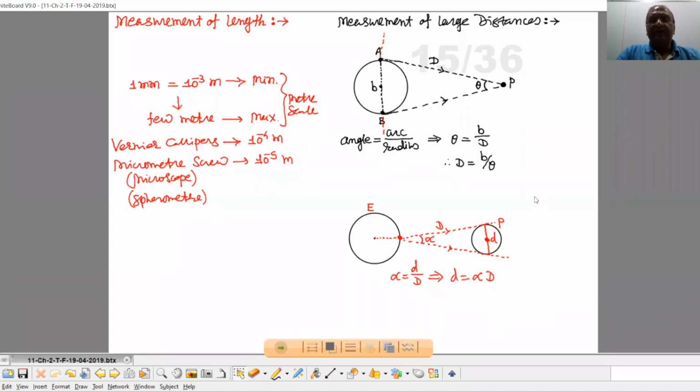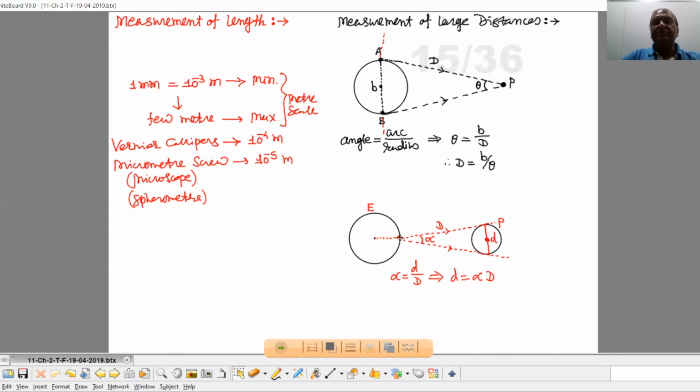Once you calculate the distance between the earth and that planet, you can predict the size of that planet also. How? Once you measure the distance between the earth and the planet, that is, now this D is calculated, then to measure the size of the planet, what we have to do?